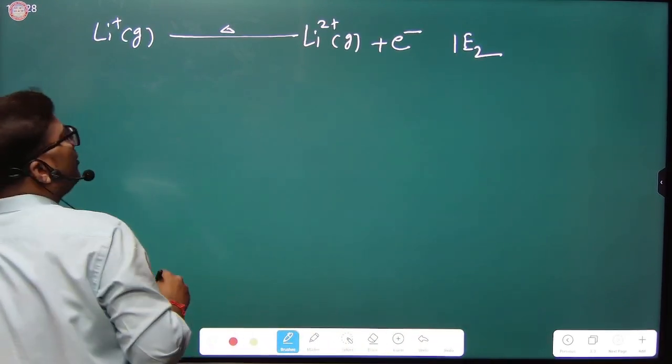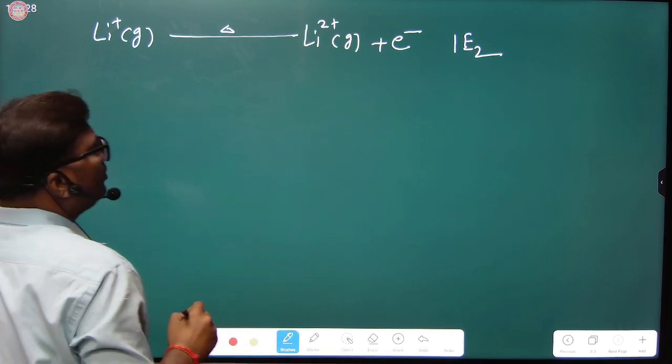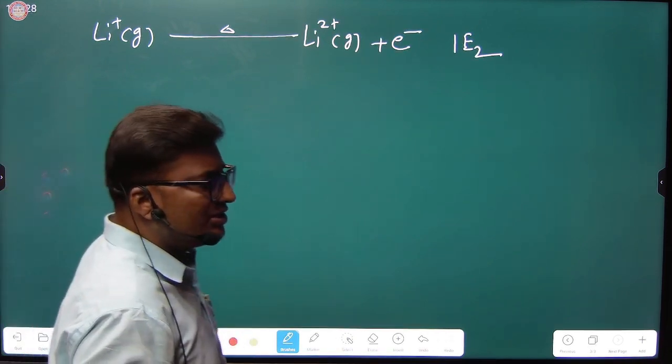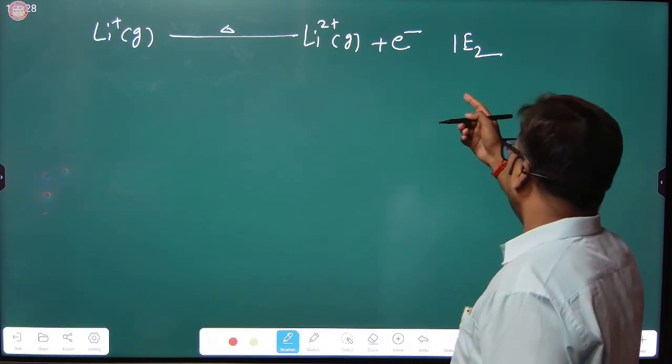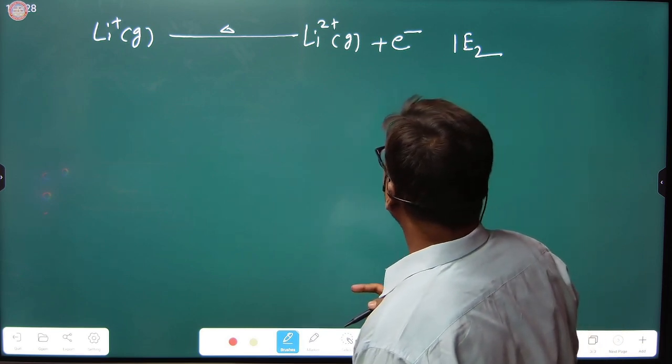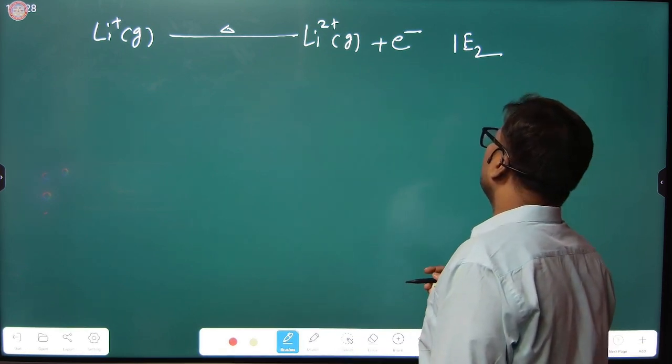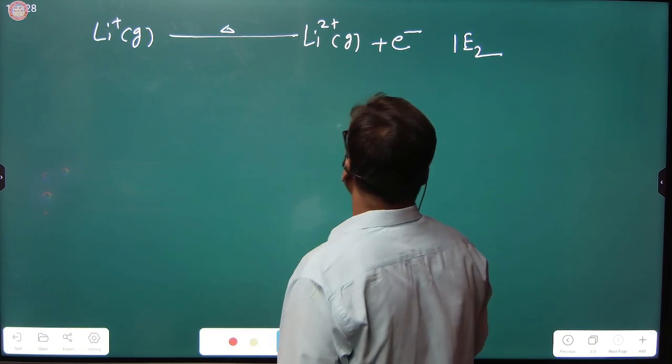So the second ionization energy IE2 will be either low or high, so it can be understood through the electronic configuration.